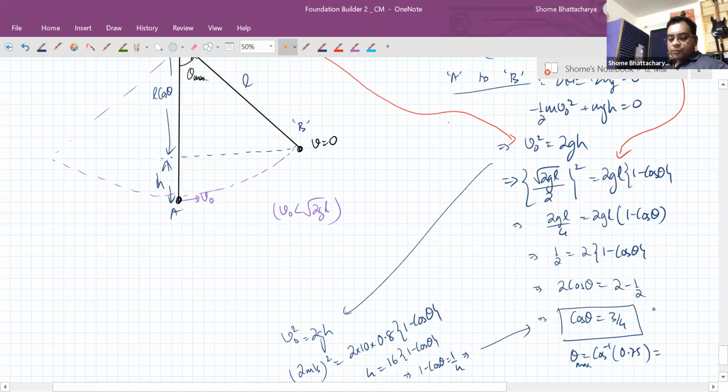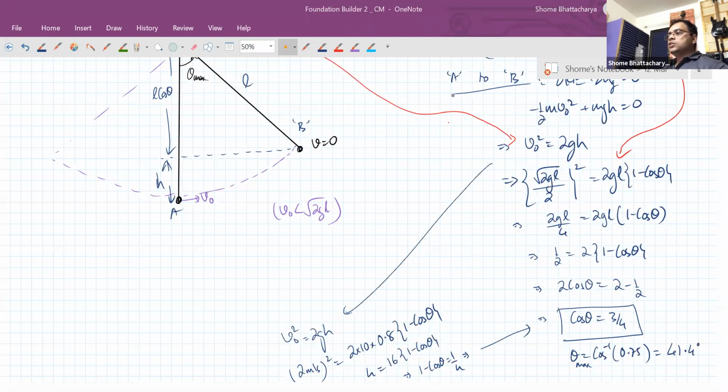So cos inverse of 0.75 will in fact give about 42 degrees, actually 41.4 degrees approximately.